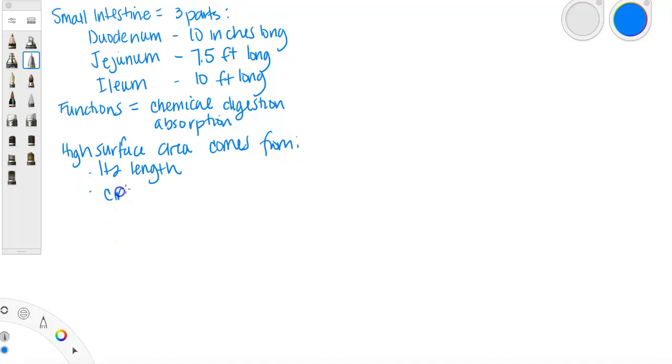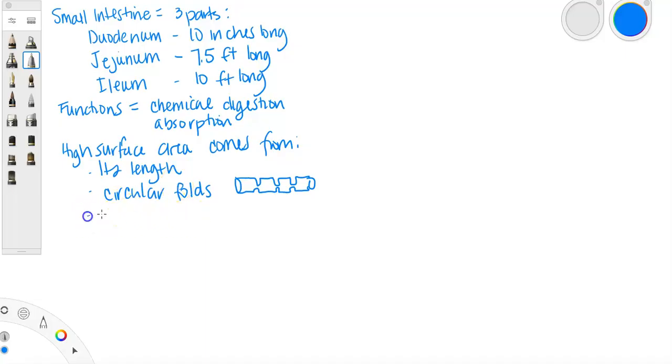It comes from something called circular folds. And the tube itself looks a little like this, with its little folds in there.